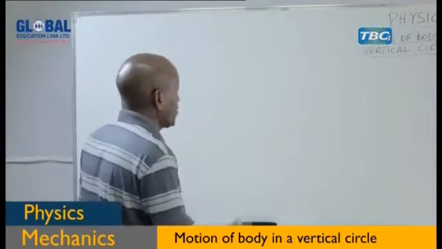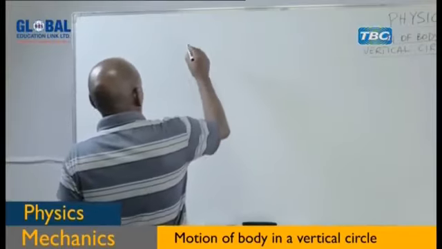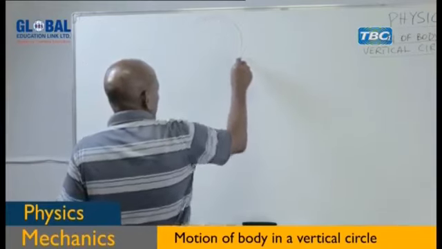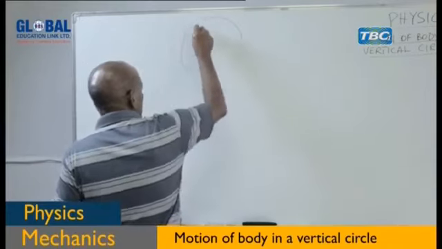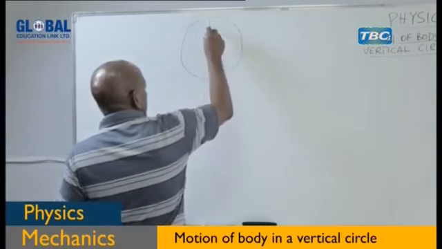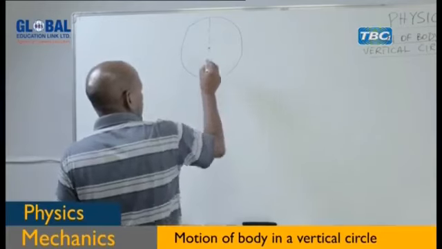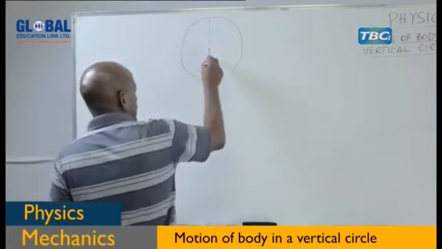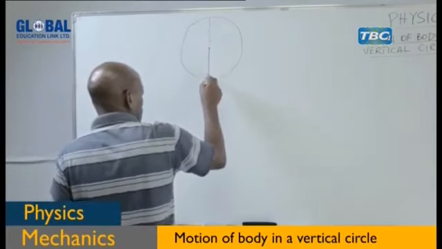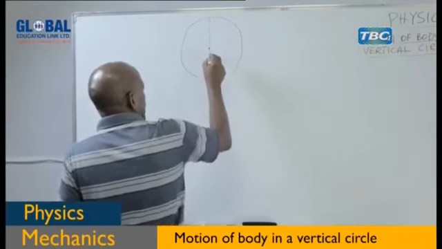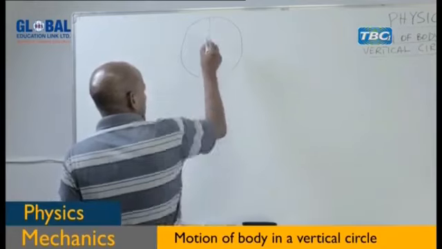Let us have a simple sketch of such a bucket moved in a vertical circle. So we have a string holding such a bucket, passing at the lowest point.